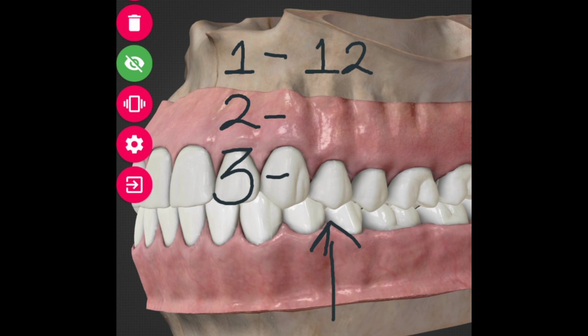In the Zsigmondy and Palmer system it will be noted as 4, and in the FDI system it will be noted as 2 4. So I hope that you are able to differentiate between these three systems.